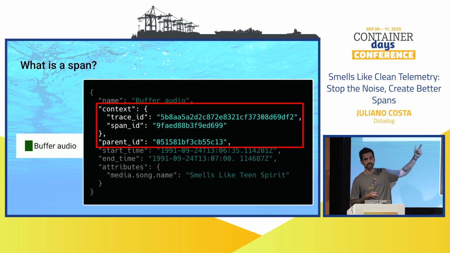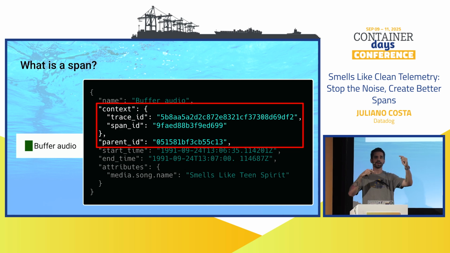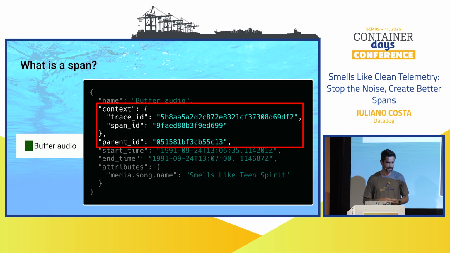We have the same trace ID, a new span ID to identify the buffer audio, and the ID from the play song is set as parent ID. So now we have a relationship between play song and buffer audio. That's how the tools can correlate and create a hierarchy of the connections between each span and have this view of the whole transaction.